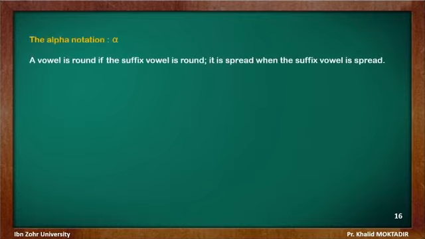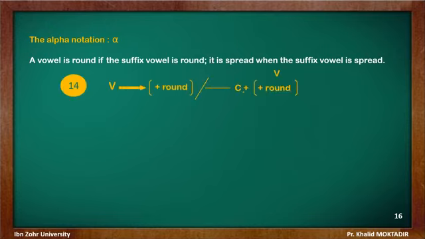The alpha notation is one way of representing or saying that the feature value, whether positive or negative, on the left side of the rule is the same value on the right side of the rule.